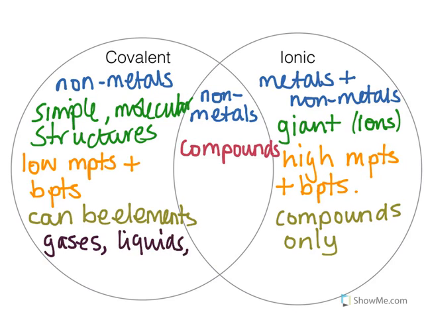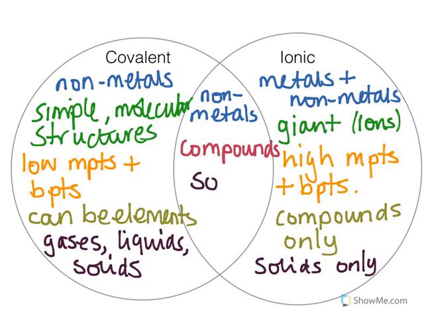And if we also think of something like iodine or sulfur, we can see that covalent substances can exist in all three states under normal conditions. Ionic substances, however, because of their high boiling points and melting points, exist as solids only. And the fact that they do exist as solids, as well as some covalent solids, is also a similarity.